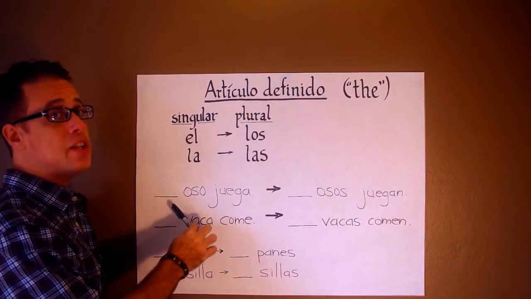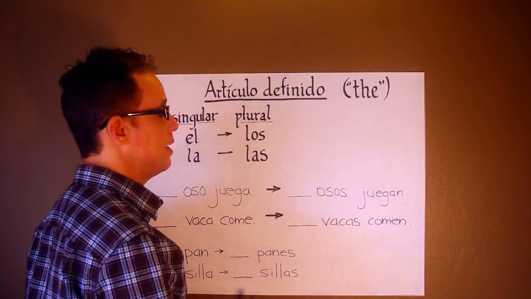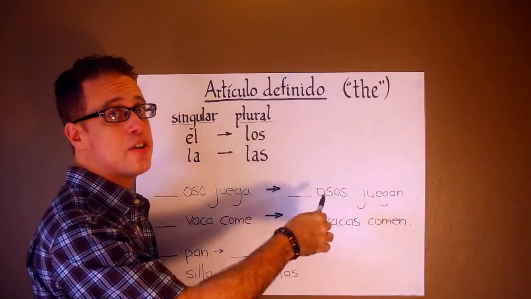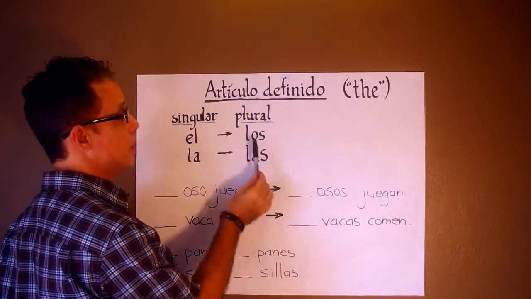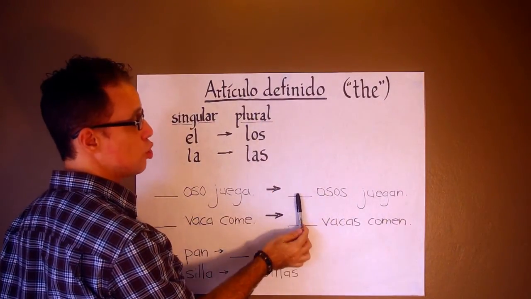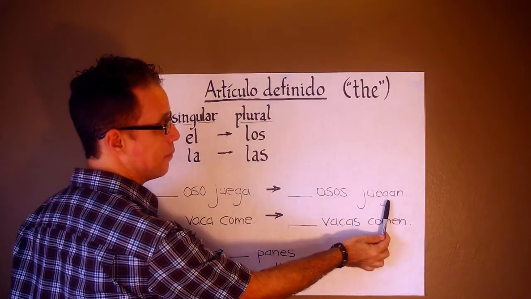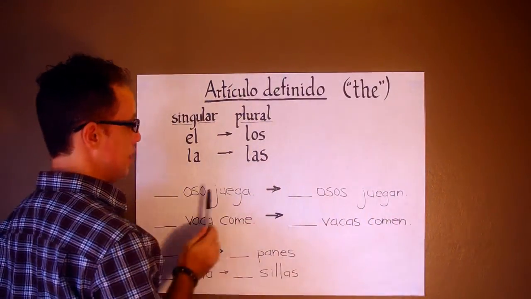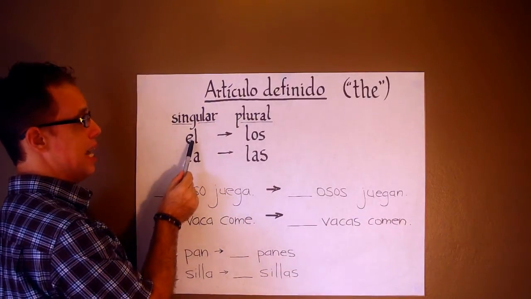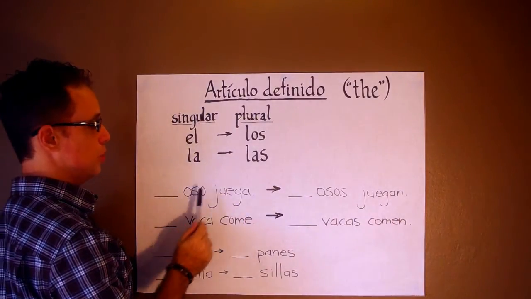Then if we want to change it to the plural, we would say in English, the bears play. But in Spanish, it would have to be los osos juegan. Los osos juegan. So you have singular noun, you use el oso.